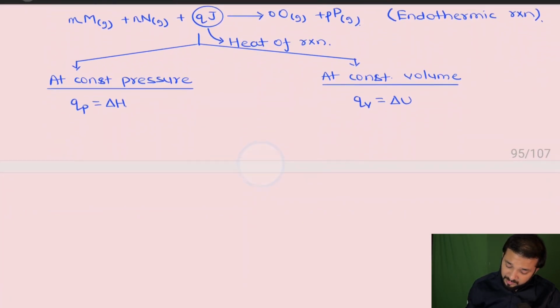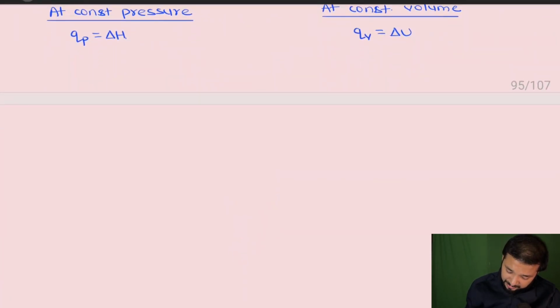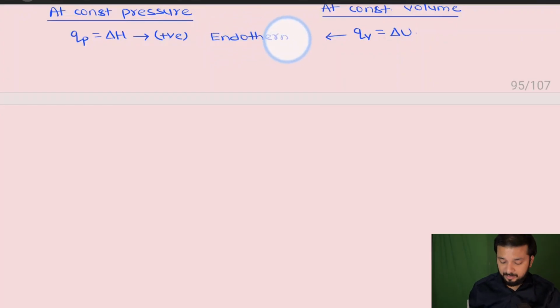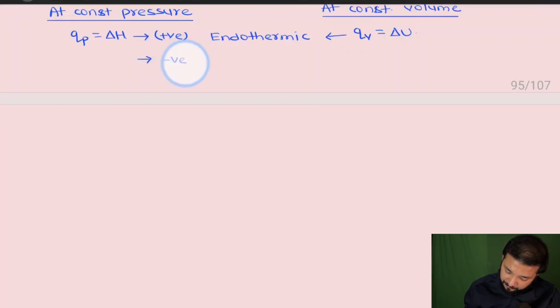Now, this delta H or delta U can be positive, can be negative. It is positive if the reaction is endothermic, and delta H or delta U will be negative if the reaction is exothermic.